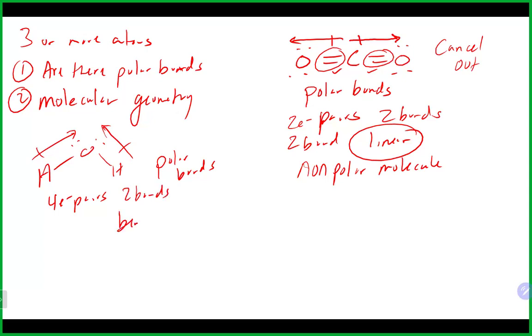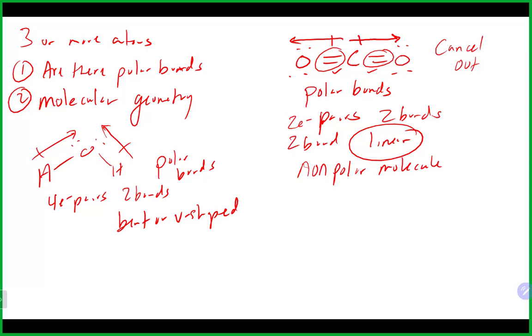That is bent or V-shaped. So you can kind of think of it like a molecule that is bent or V-shaped. You got electron density coming towards the top on both sides, almost like a string on top of it. If you just kind of pull the string from the top, you can imagine the whole molecule will move. And they actually will add to each other in this case.